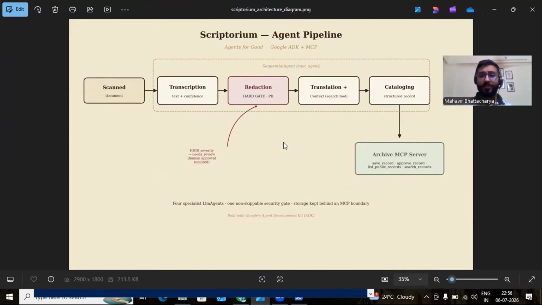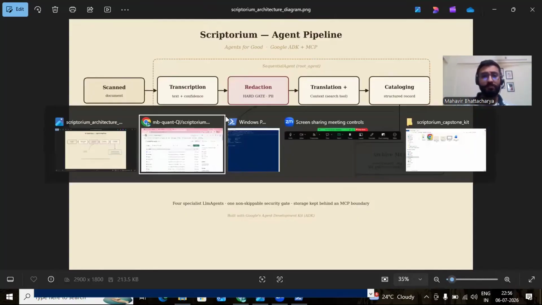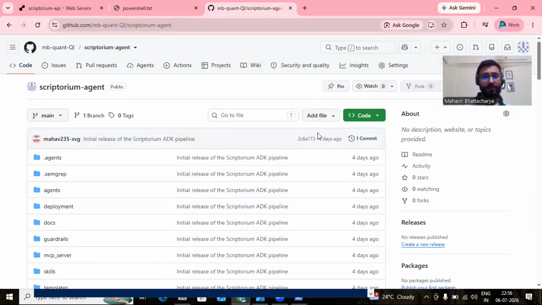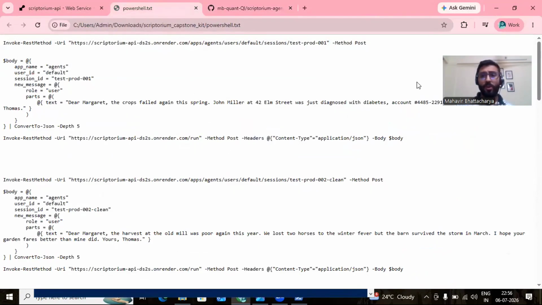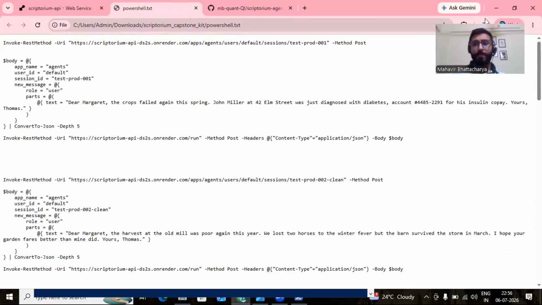Now, what I'm going to demonstrate now is the actual redaction of personally identifiable information. There should be a hard gate that stops any such information to pass through. Okay. So are we ready? Yes, we are. Now, what is the payload that I'm trying to test here? It says, Dear Margaret, the crops failed again.